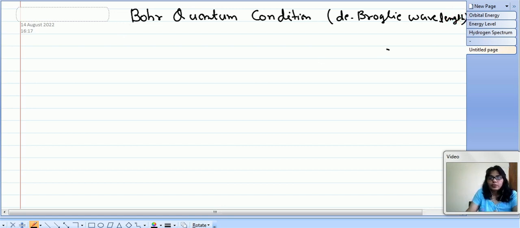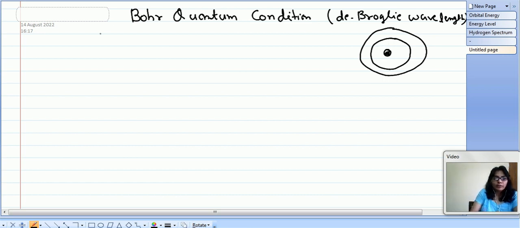So again draw a picture of the atom. So there is a nucleus, and around the nucleus there is an orbit in which electrons are revolving. So according to de Broglie wavelength, or the wave nature of the electron, because the electron is a matter wave.